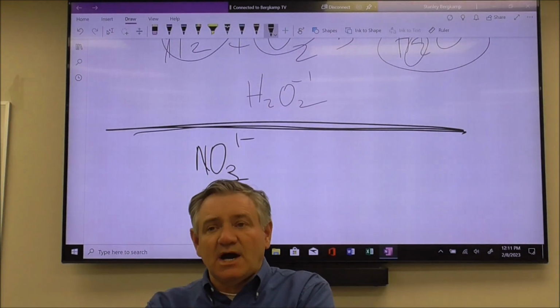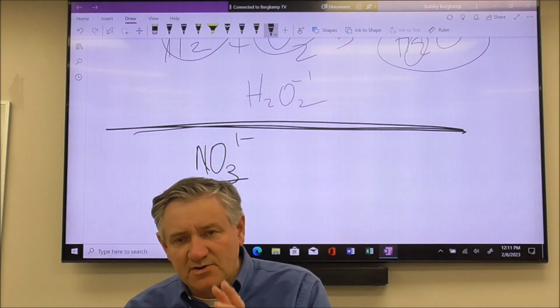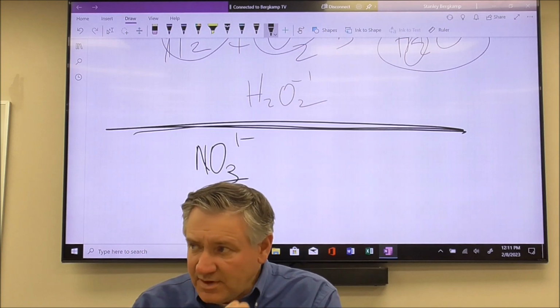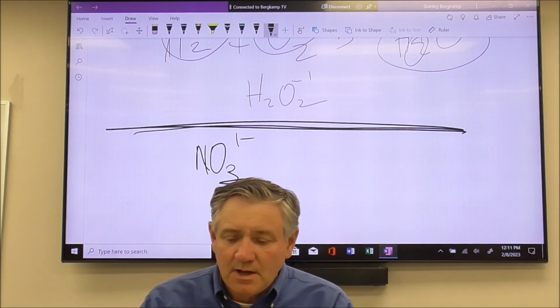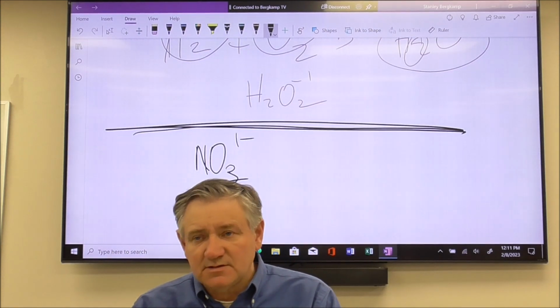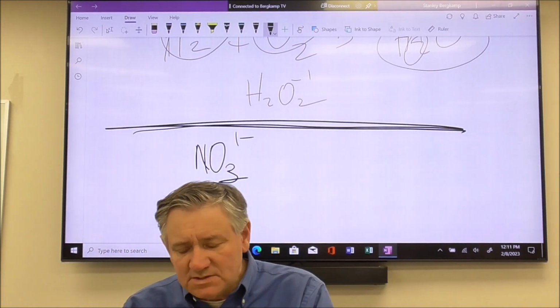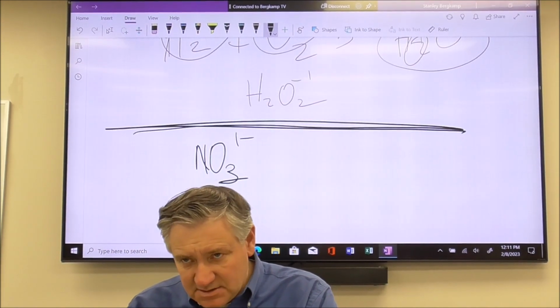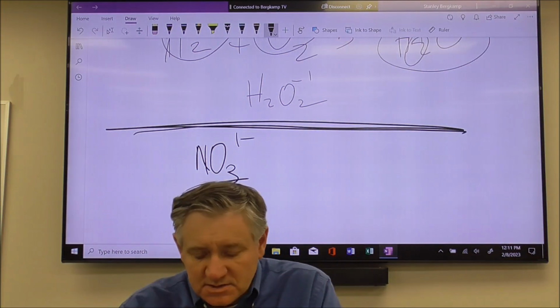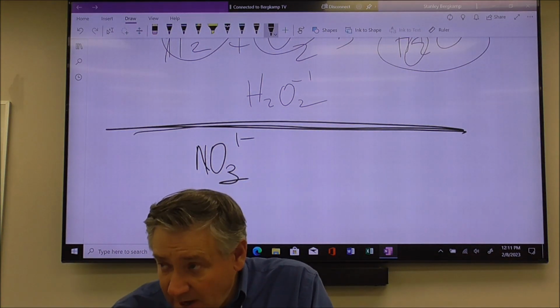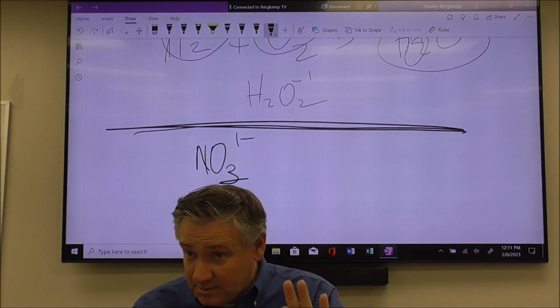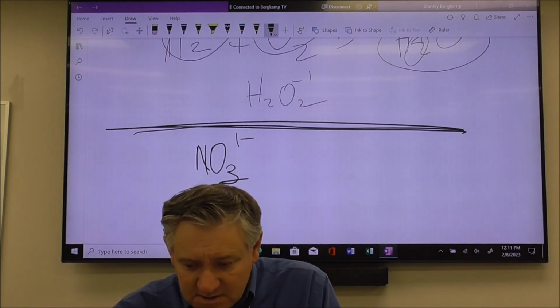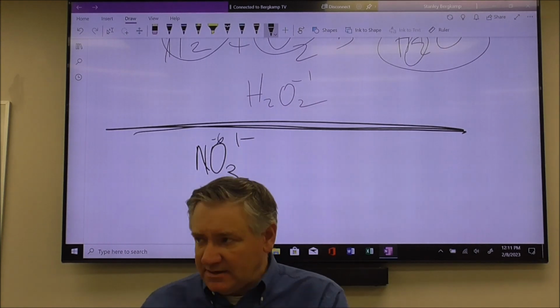So one of the things you've got to be able to do is figure out the oxidation state of everything within that nitrate. Start with the anchor. What's going to be the oxidation state of oxygen? -2. So each one of these is going to be -2, but I'm going to have 3 of them. -6. So this whole thing has a charge of -6.